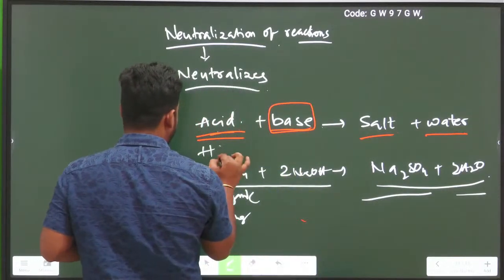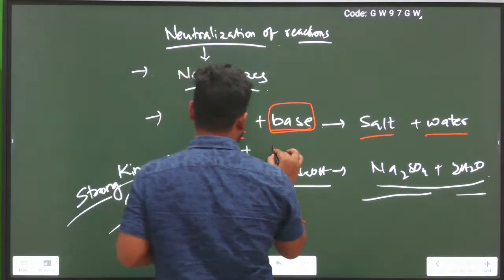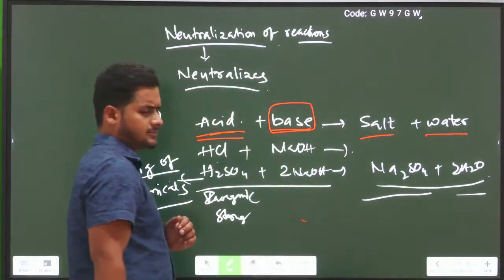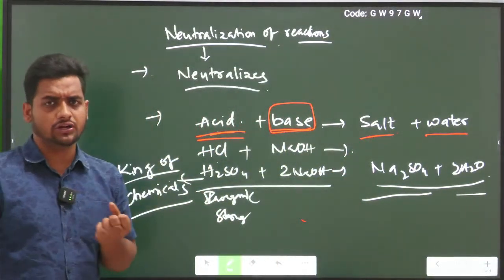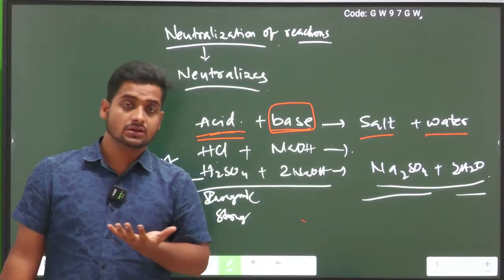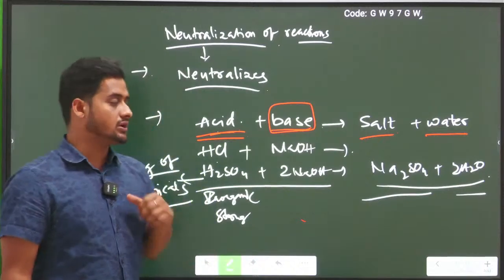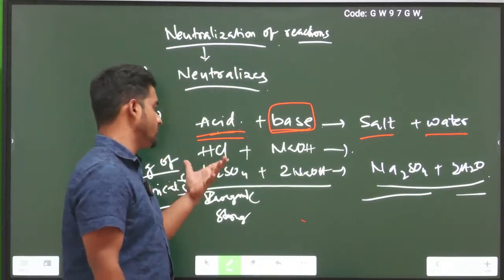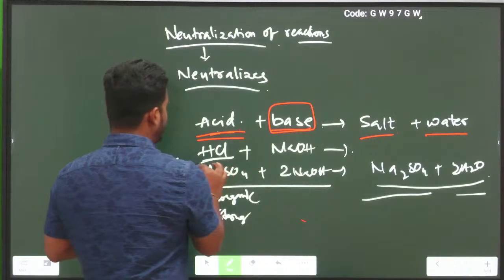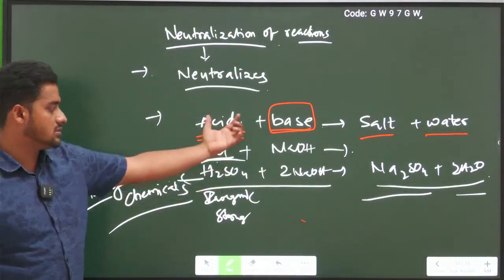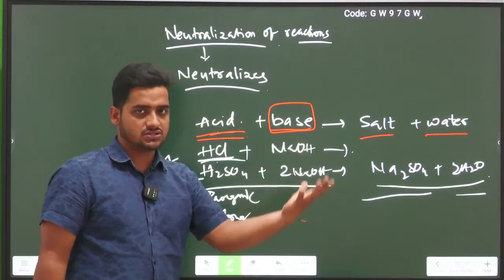Take for example, you are adding HCl as an acid and NaOH as a base. HCl is very acidic. Acidic means you cannot hold it in your hand, you cannot do experiments. So to perform your experiments and your chemical reactions, you are going to add the acid with some NaOH, which is a base.